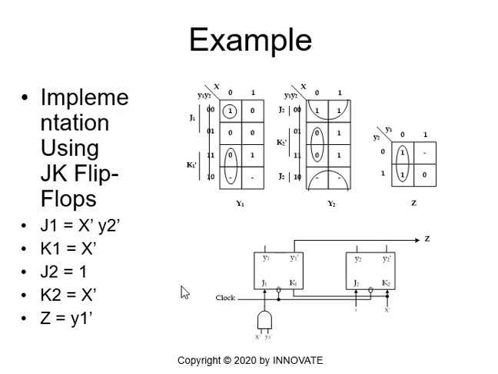K1 is x prime, so x prime will go to K2, and x prime will go to K1, because K1 and K2 are the same. So we need to complement x.